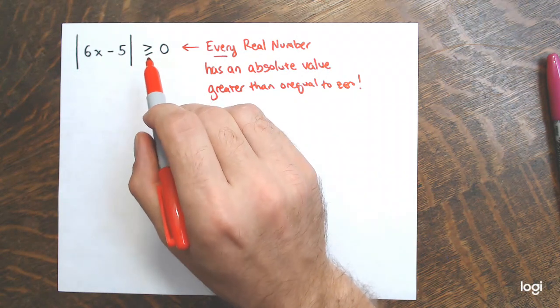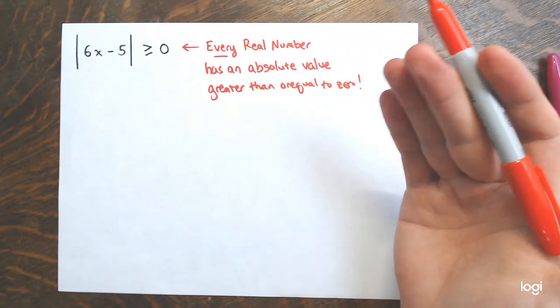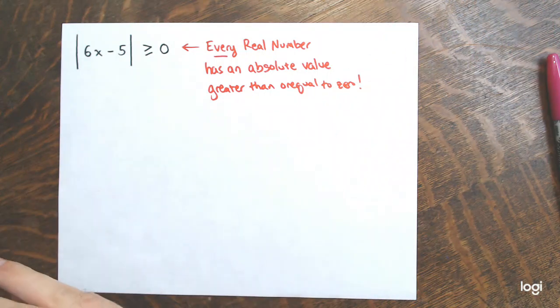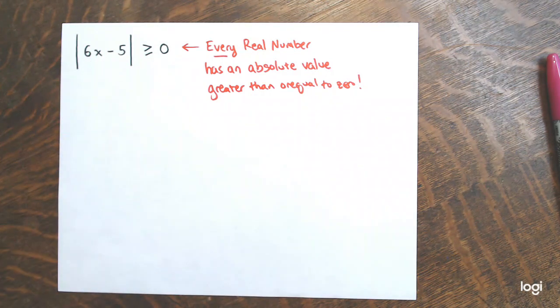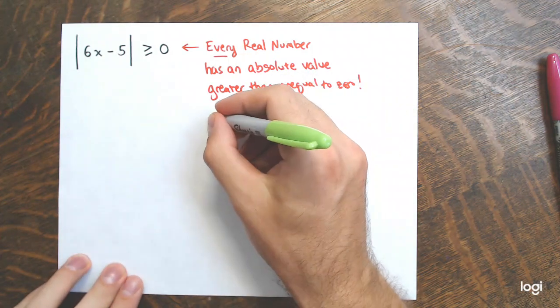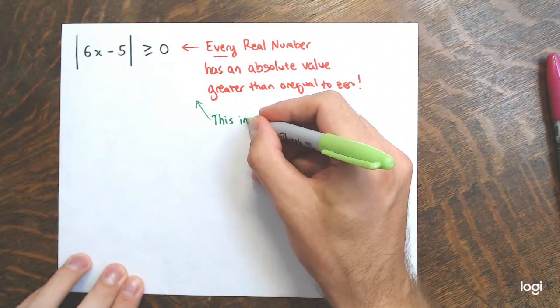The equal to part. And all the numbers to the right of 0 have an absolute value greater than 0. All the numbers to the left of 0 have an absolute value greater than 0. So if you recognize that, you say I have an absolute value of some number, when is that greater than or equal to 0? This is always true, right? So this inequality is always true.